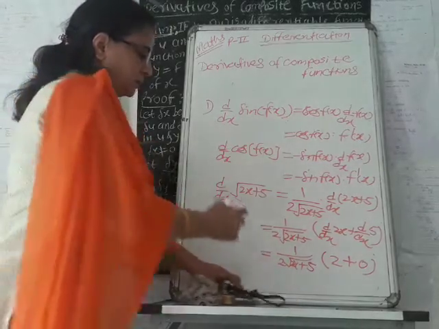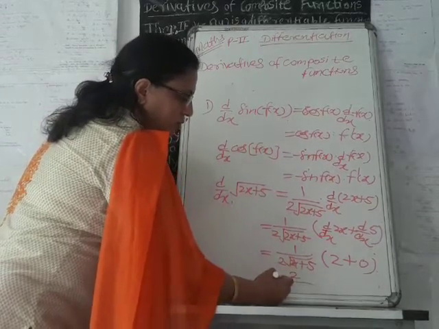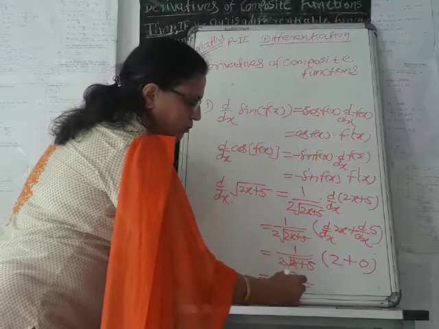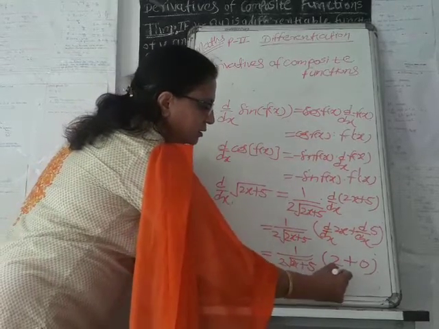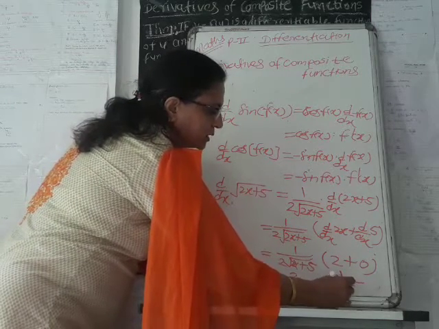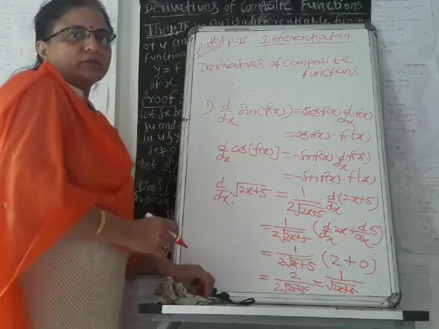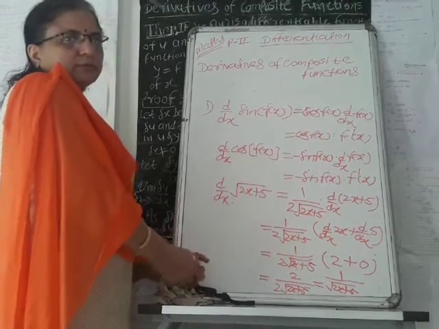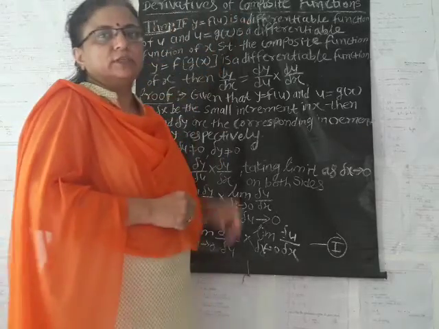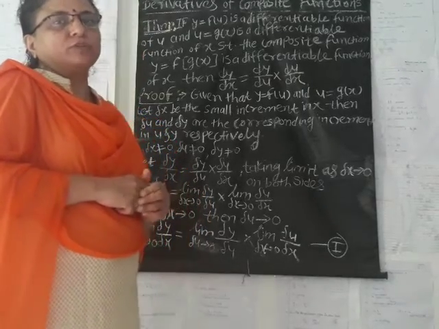So the answer is 2 upon 2 into under root 2x plus 5. The 2s get cancelled: 1 upon under root 2x plus 5. So these are all composite functions. Okay. So these were derivatives of composite functions, just to see the examples.